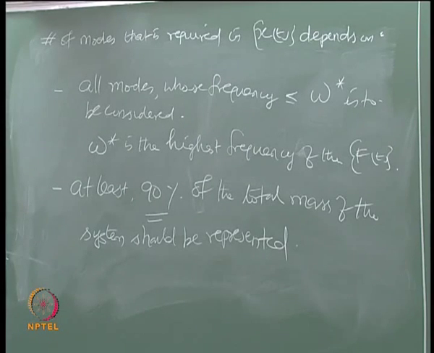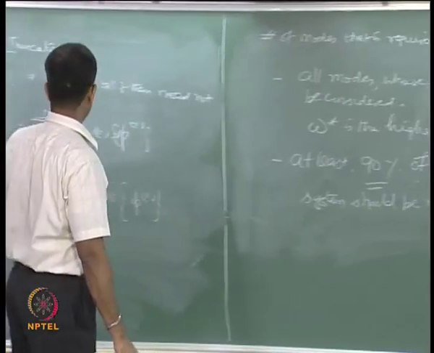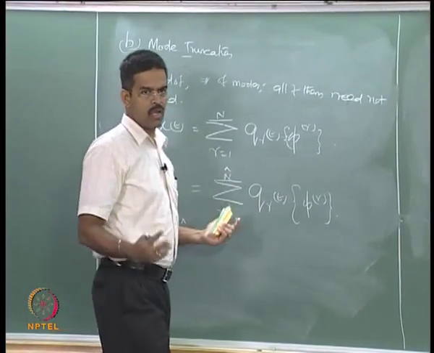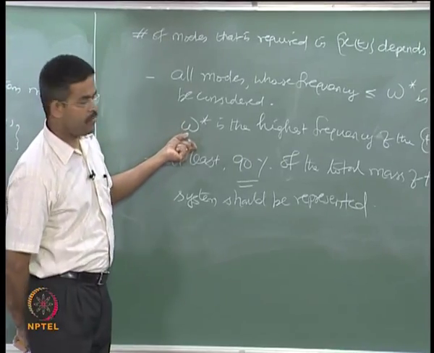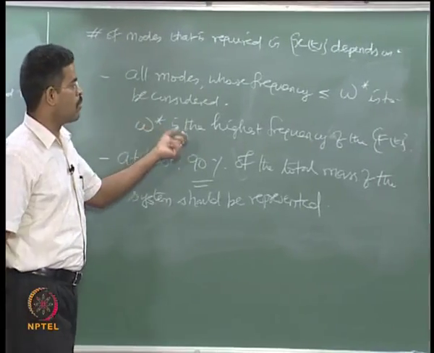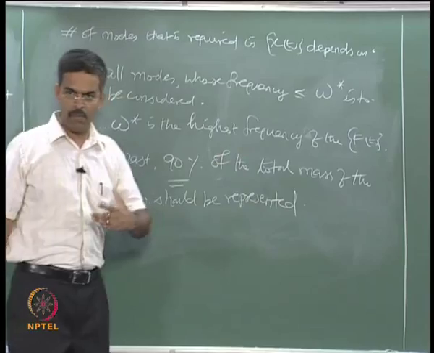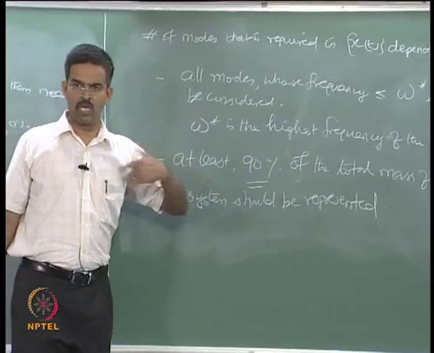Where do we check this? The first can be physically seen, because for a multi-degree freedom system model, the classical eigensolver will give you different frequencies. You can always physically check that a frequency is not omitted, so that omega star is not deleted from your system. You can always pick up those number of modes.